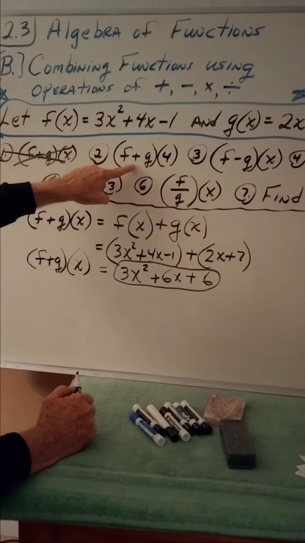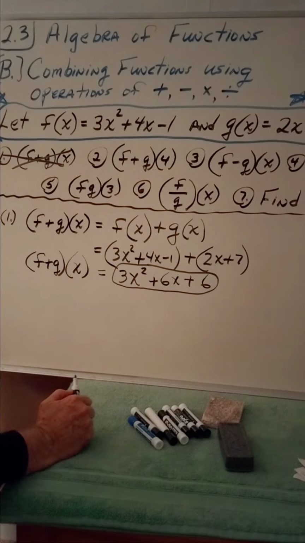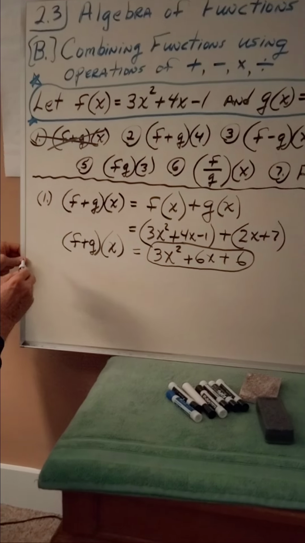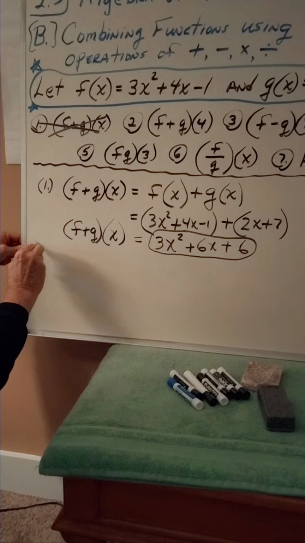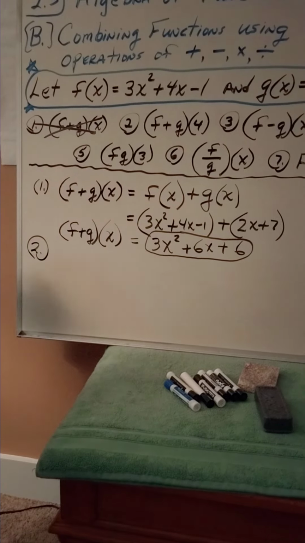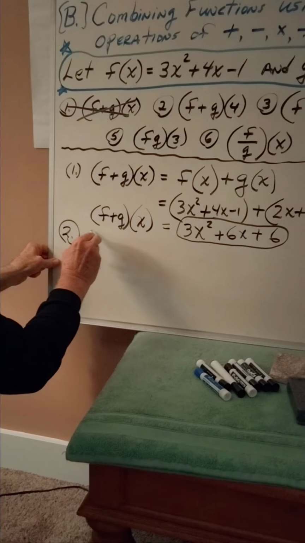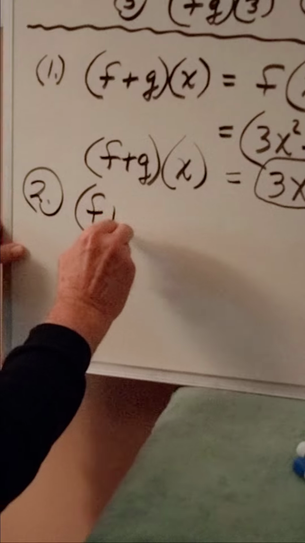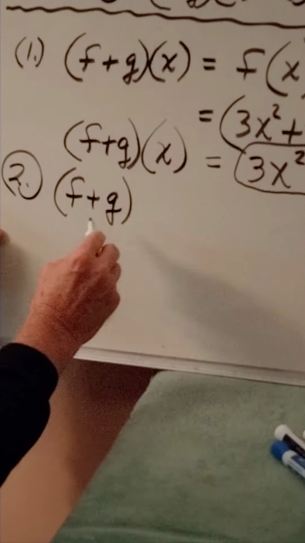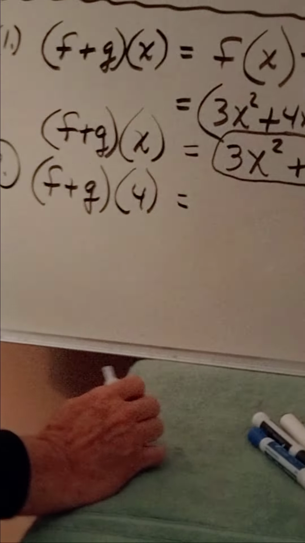Now they're asking us to find the value of f plus g when the domain is 4. So folks, I'm going to move into number 2 right here, and we're going to begin by writing this statement. The value of f plus g when the domain is 4, and we'll put an equal.